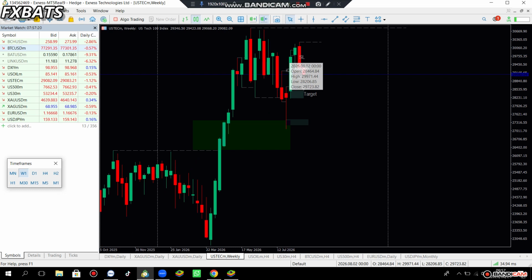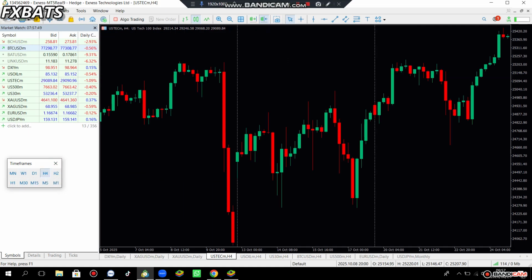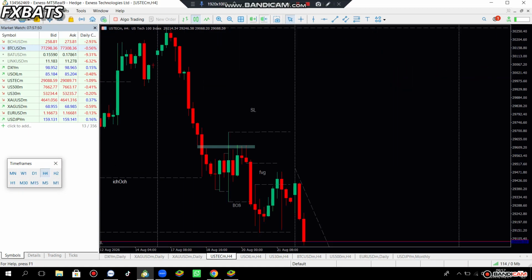The fair value gap was already used on weekly, so we're just taking out the previous rejection low of the candle, which invalidated the fair value gap. So hopefully we're likely to buy price off of this weekly area of demand, which is an order block that we have. Let me go to H4 so that we can see it clearly.